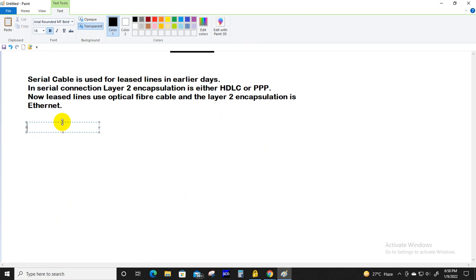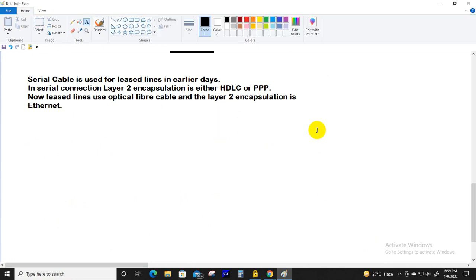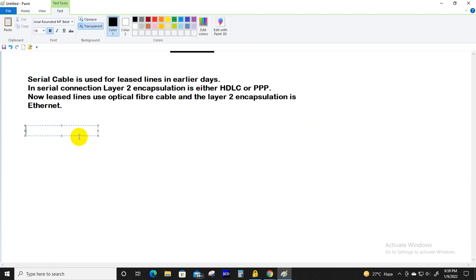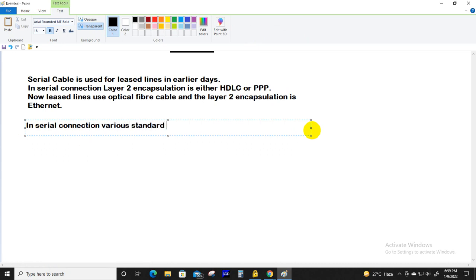What is the disadvantage in serial connection? Before we move to the disadvantage, in serial connection, various standards provided different speeds earlier.